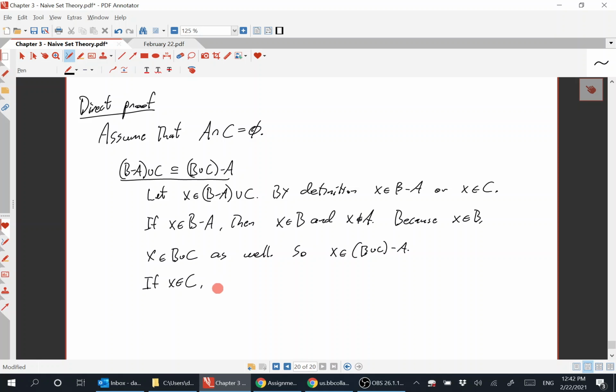If x is in c, then because a intersection c is equal to empty set, a and c have nothing in their intersection. If x is in c, then because a and c don't overlap, what?